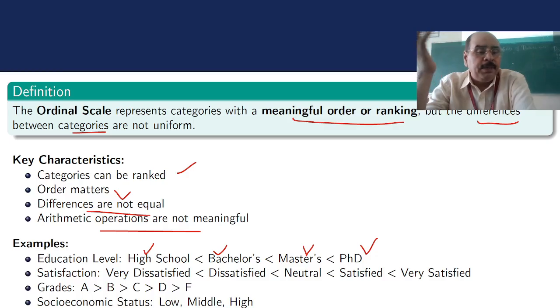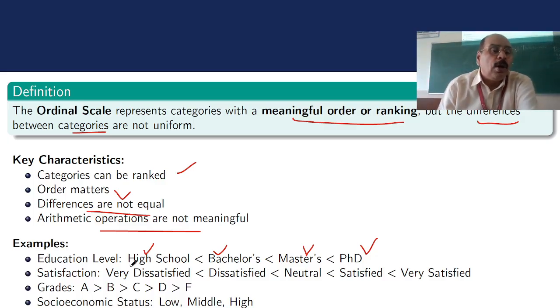Grades, A, B, C, and so on. Economic status: higher class, middle class, lower class, and so on. The categories need not be uniform.